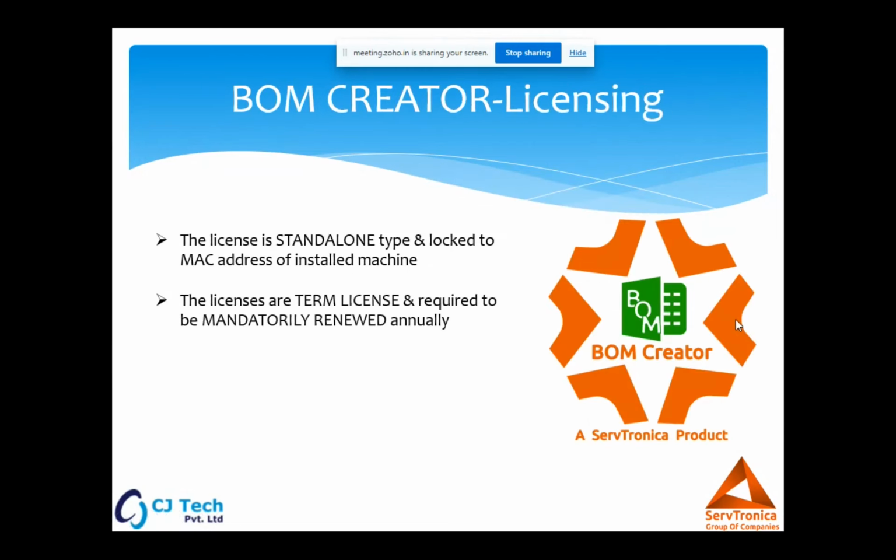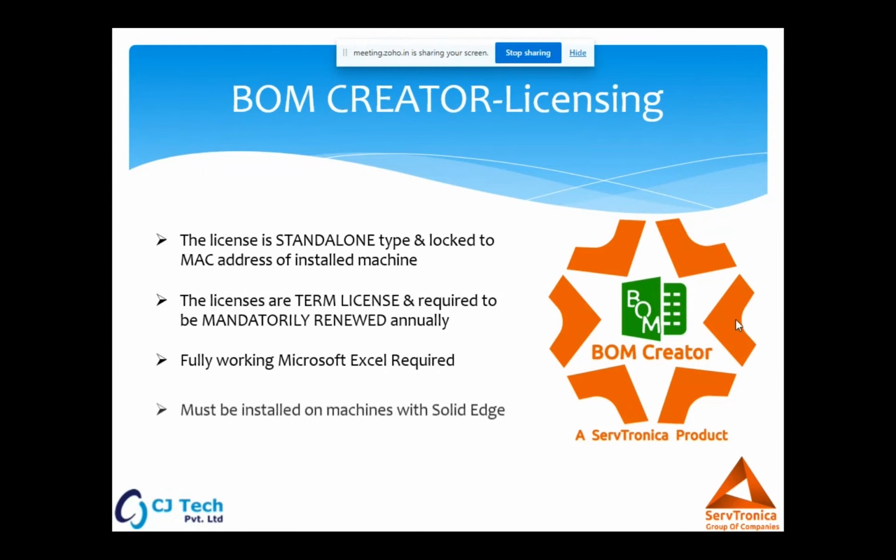We offer both standalone as well as server licenses. Standalone licenses are locked with your MAC address on the installed machine. Floating or server-based licenses we offer only on the purchase of a minimum of 3 licenses. All the licenses are term licenses, and they are mandatorily required to be renewed every year.